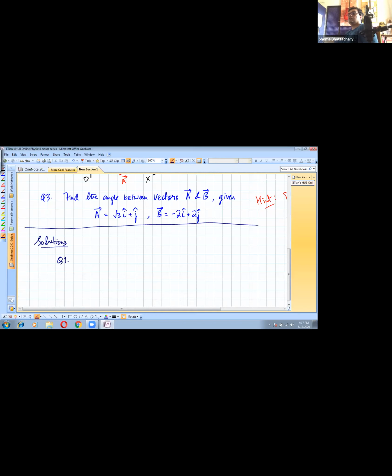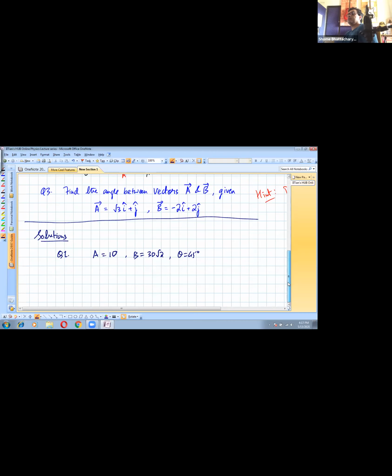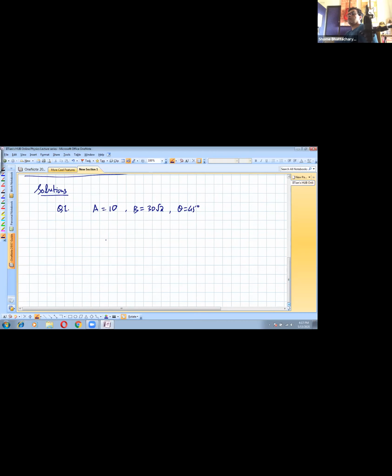So question 1, your mod A is given to you as 10. Mod B is given to you as 30 root 2, and the angle theta between them is given as 45 degrees. So the first method is you just apply the triangle law.